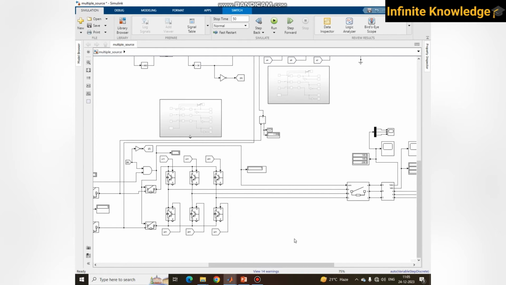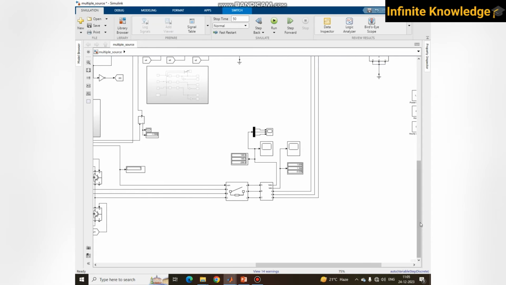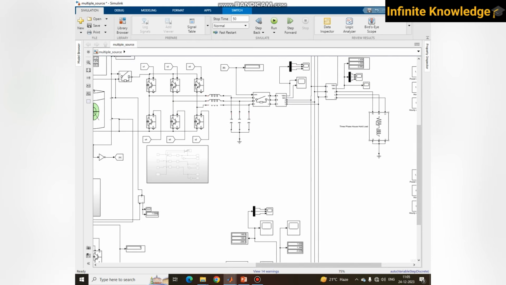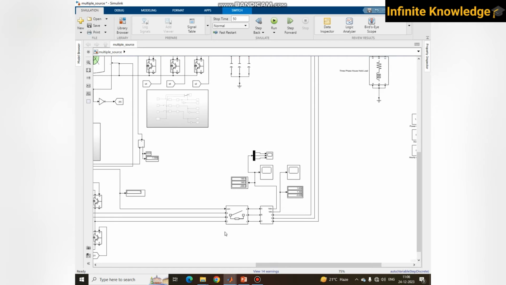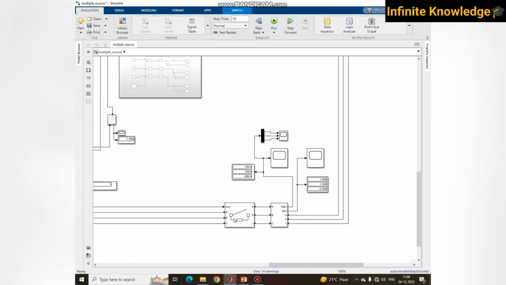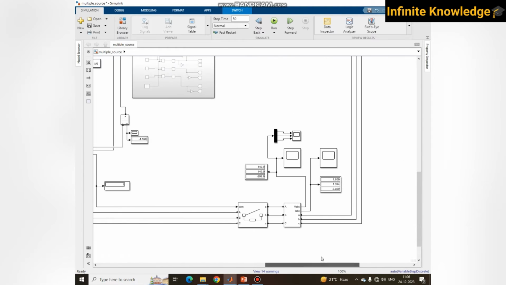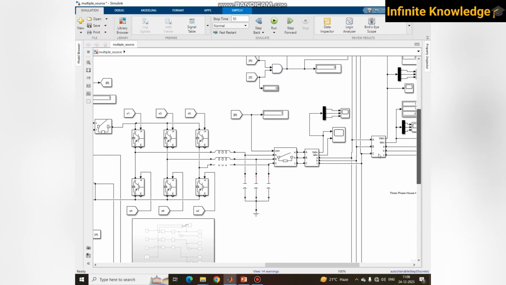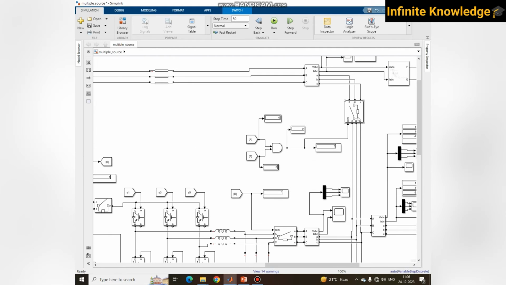This is again an inverter part, and again it is connected to a breaker and the household load. This is your breaker for your wind, this is your breaker for your solar, and this is your breaker for your grid.